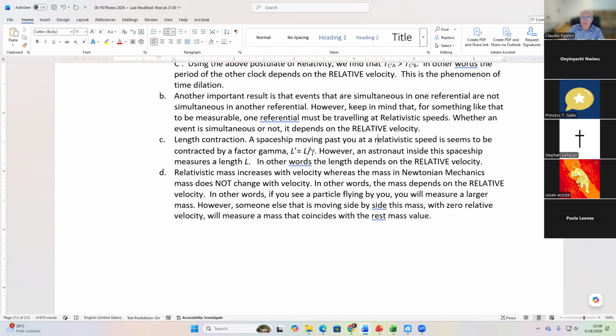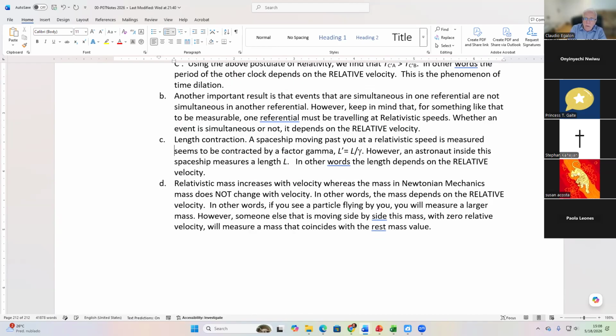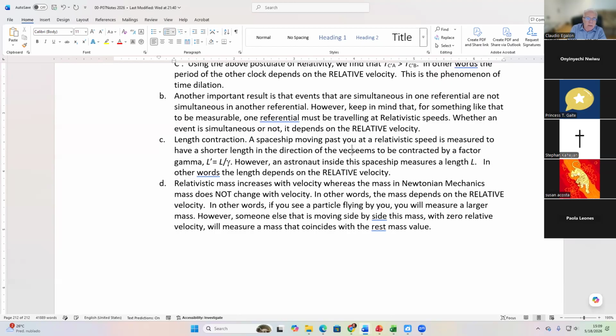Length contraction. A spaceship moving past you at a relativistic speed is measured to have a shorter length. But very important is the length in the direction of the velocity vector.